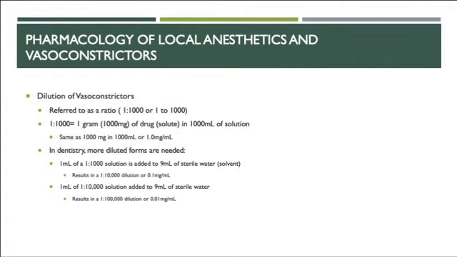You take 1 milliliter of a 1 to 1,000 solution and you add it to 9 milliliters of solvent or sterile water. Now, this produces a dilution of 1 to 10,000, which equals 0.1 milligrams per milliliter. We then take 1 milliliter of the 1 to 10,000 solution and add it to 9 milliliters of solvent or sterile water, and that produces a 1 to 100,000 concentration, which equals 0.01 milligrams per milliliter.